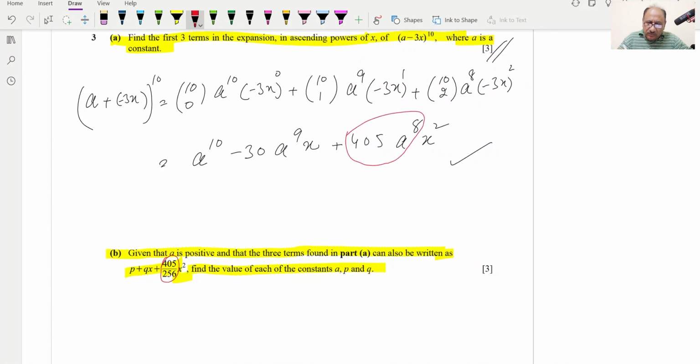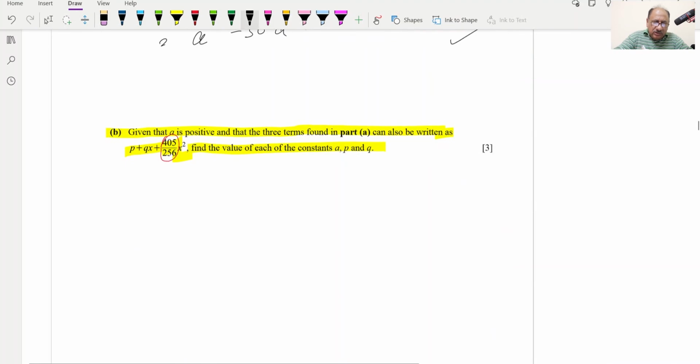So we can equalize them, and our equation will be 405 a raised to the power 8 is equal to 405 over 256, which we have taken from here. Now we can find the value of a.